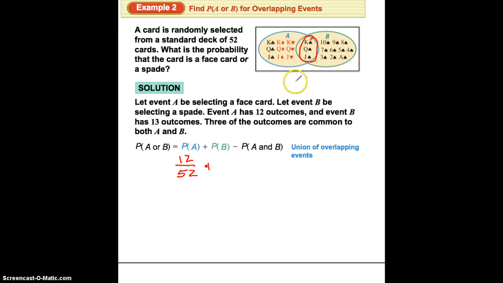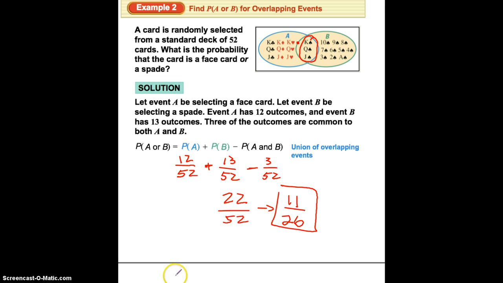We have to add that to the probability of it being a spade, which is 13 over 52. And then we have to subtract these pieces that are face cards that are spades. So there's 3 over 52 of those. So doing this math, I get 22 over 52, which is 11 over 26.